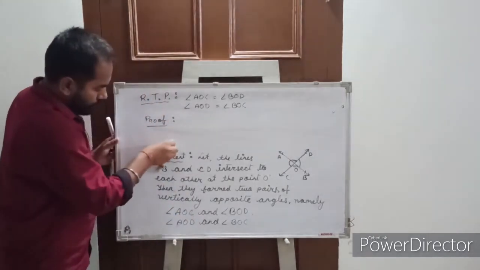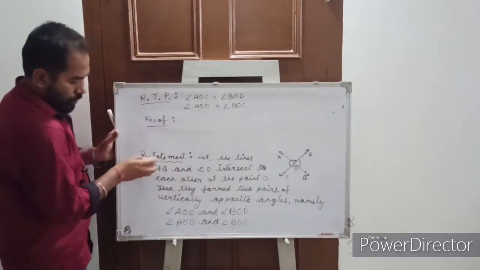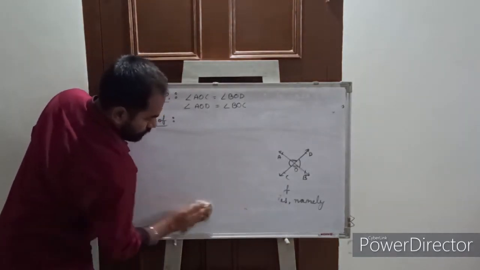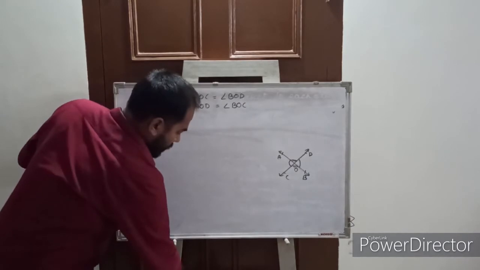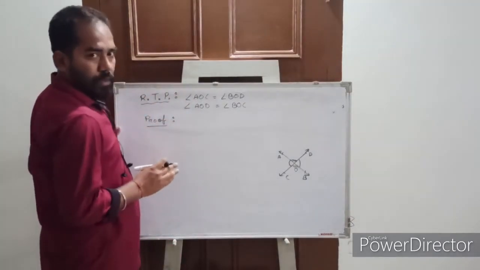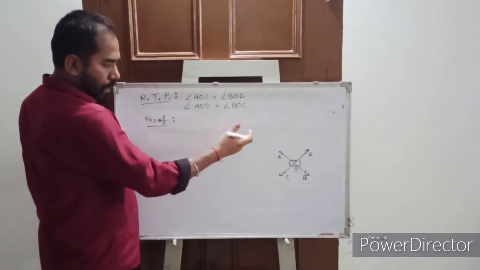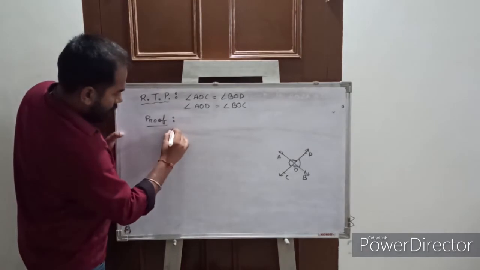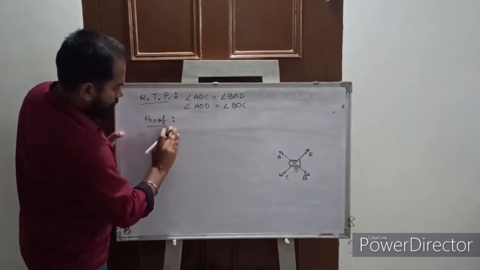Before starting this class, I said that for this theorem we must have a concept about the linear pair. That concept we just apply here. Have you seen, OA is a ray.